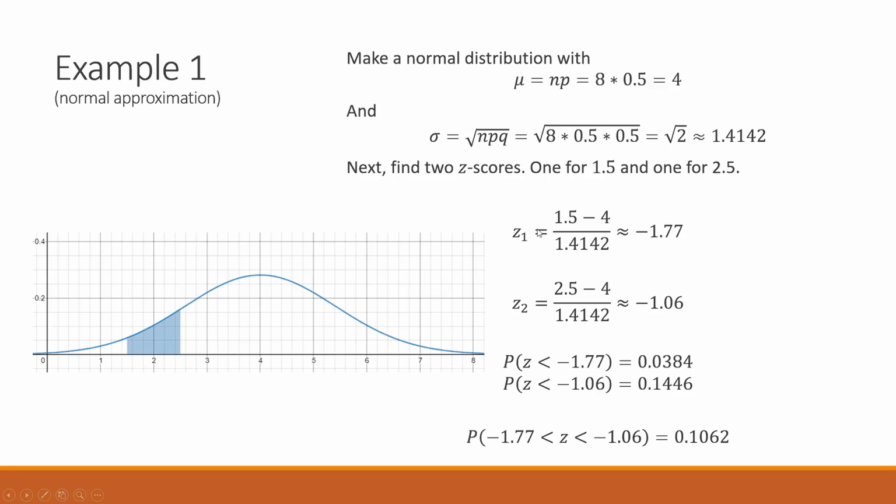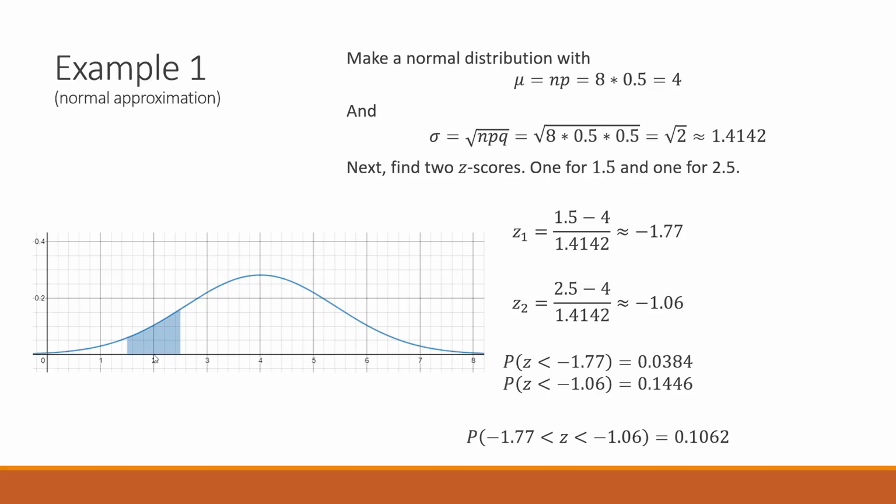So we first find the z-score for 1.5, which comes out to be negative 1.77. We do it again for a value of 2.5. That's going to be negative 1.06. I do a couple of lookups and take the difference there, and I'm getting a region, area, proportion, all of those things, of 0.1062.